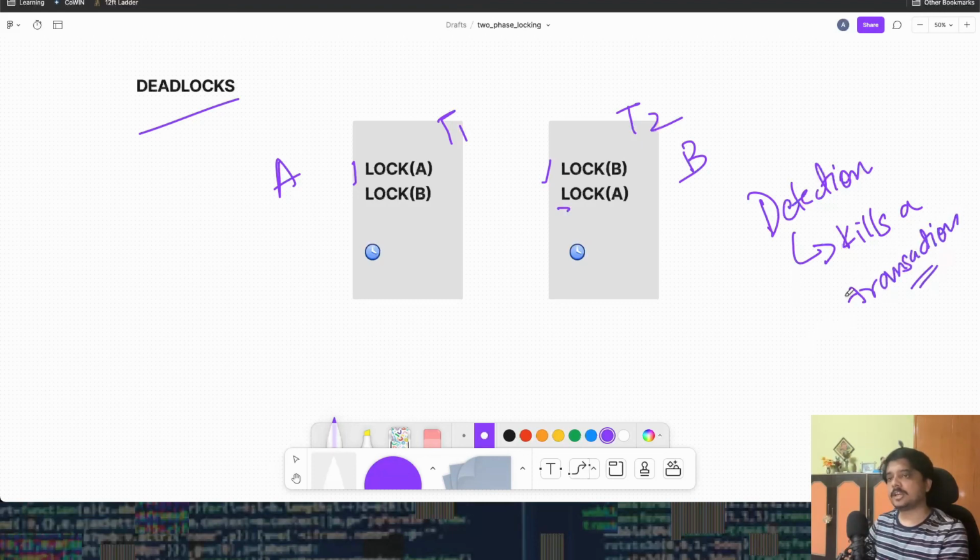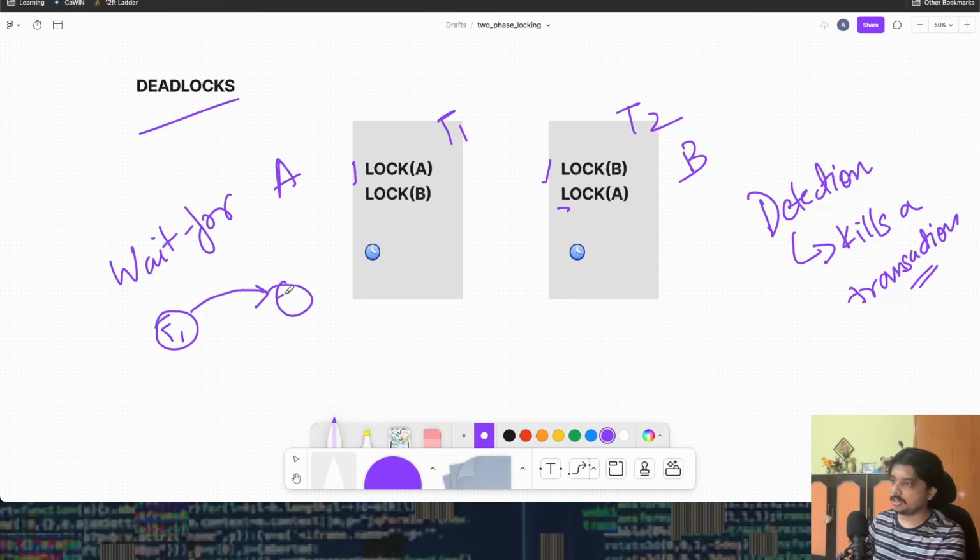So what happens, you can create graphs known as wait-for graphs, right? Wait-for graphs. Sorry for this bad handwriting, guys. Okay, so let's say transaction T1 is waiting on transaction T2, and transaction T2 is waiting for transaction T1.